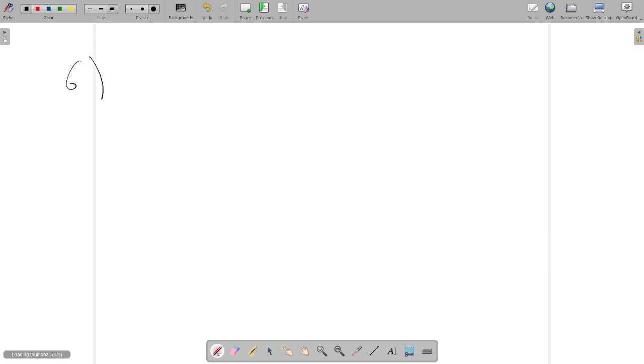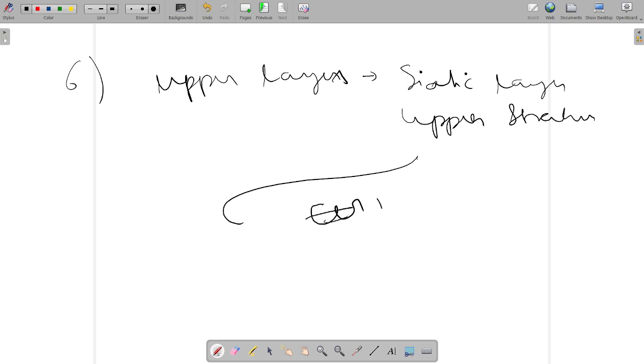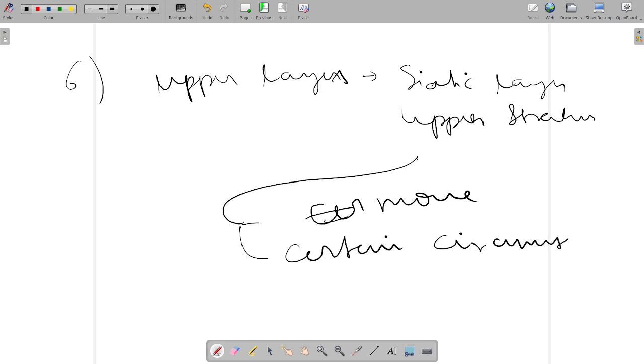Sixth, the upper layers, here meaning the Sialic layers and the upper stratum, which is upper Sima, can move over the earth, over the lower layers, under certain circumstances, under the influence of gravity and tidal forces.